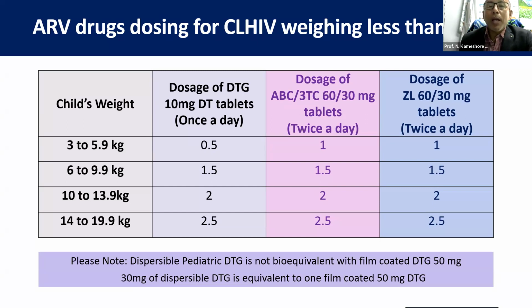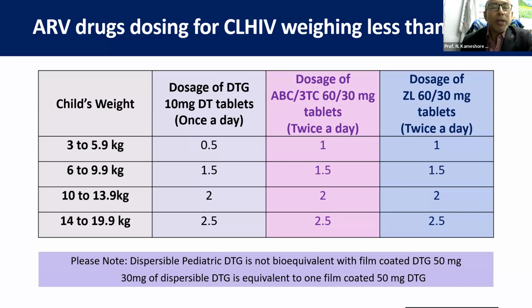ZL also 1.5 tablet, twice daily, and weight between 10 and 13.9 kg, dolutegravir 10 milligram comes as once daily 2 tablets, and AL twice daily 2 tablets each, and the ZL also 2 tablets twice a day.